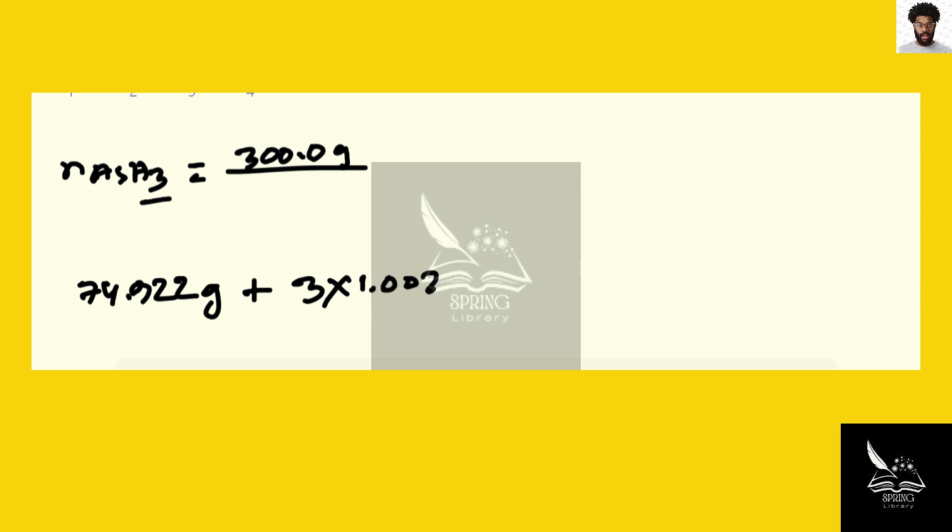The mass of arsine which is given is 300 gram, and the molar mass of arsine, if we calculate, the molar mass of arsenic is 74.922 plus 3 times the molar mass of hydrogen, since we have 3 hydrogen here, and it will give us 77.946 gram per mole.